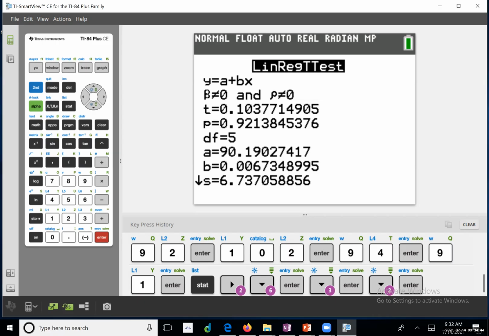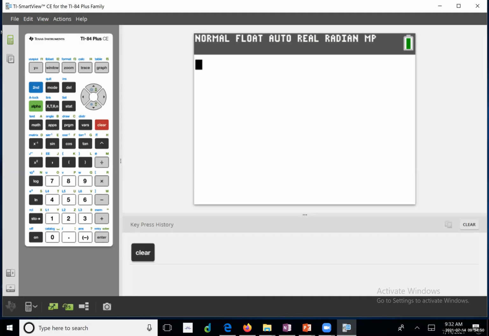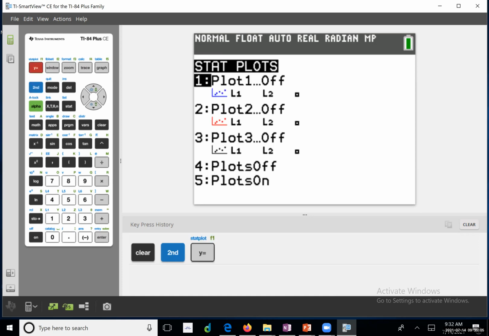I want you to follow the steps I'm asking you. So you have items in L1 and L2. Let's just leave it for now. And then let's graph those data because we said visual examination is important. So do you see second and then y equal to? Second, y equal to, and the key is at the bottom here.